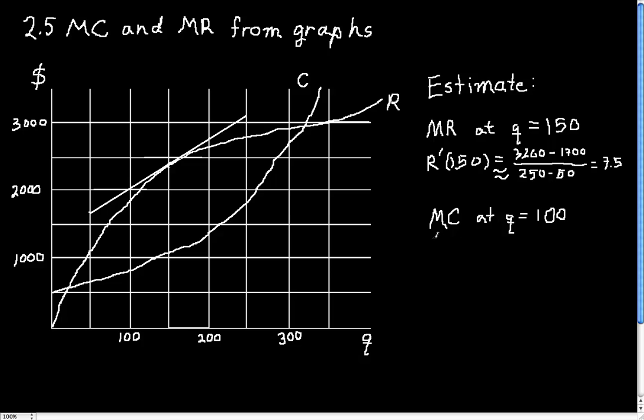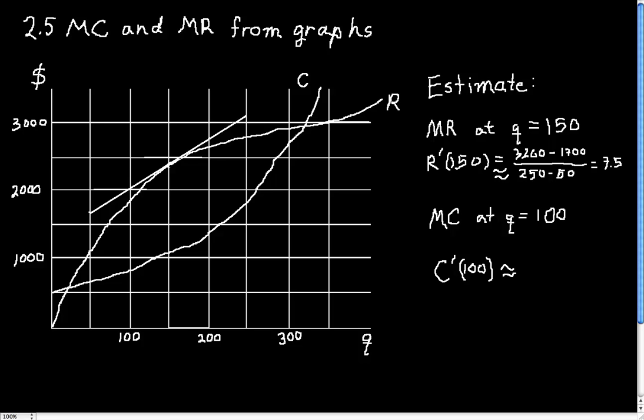Okay, so now let's do the same thing for the marginal cost at Q equals 100. And again, this is no different from cost prime at Q equals 100. And I'll say that this is approximately, since we're getting this from a graph, it's not exact.